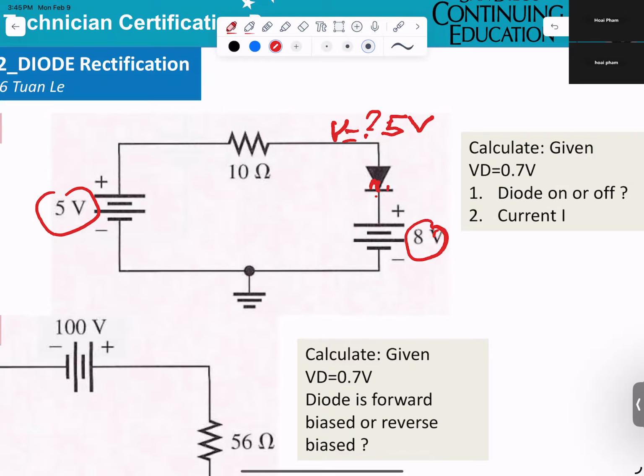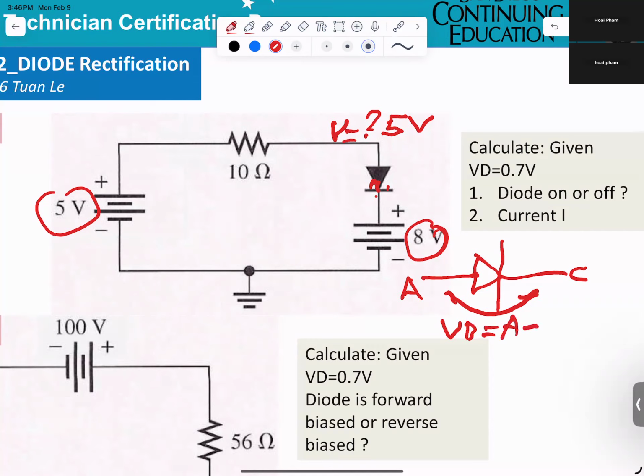Remember, you get a diode. That will be A. That will be C. The voltage across here, VD, is VA minus VC.